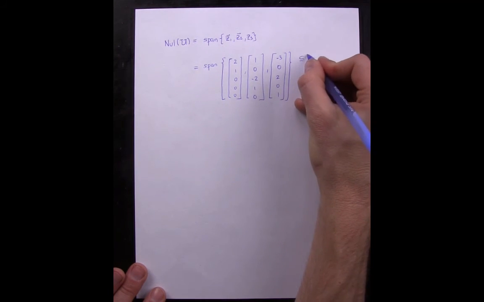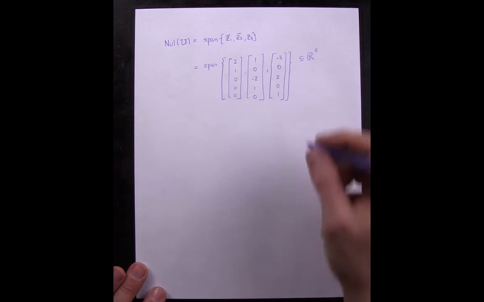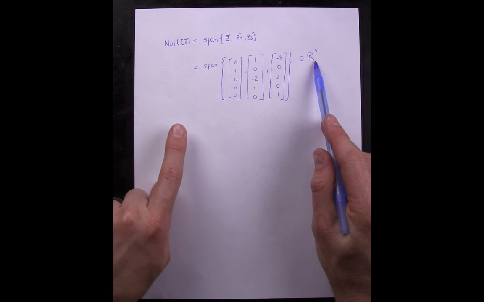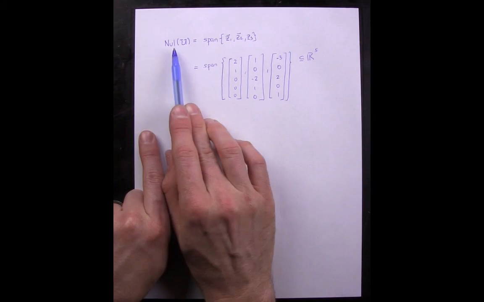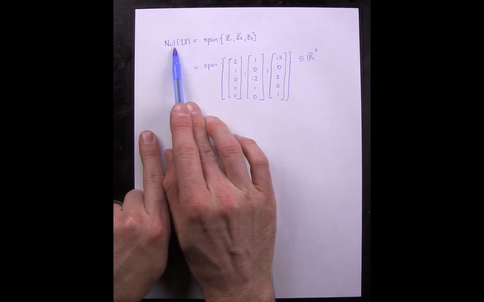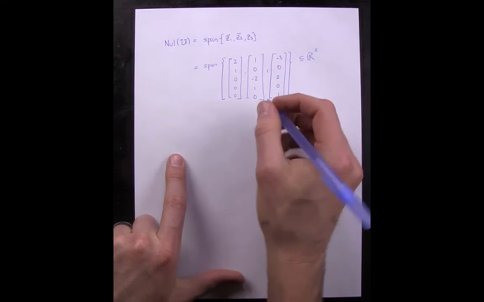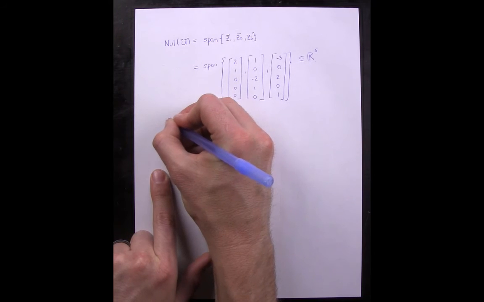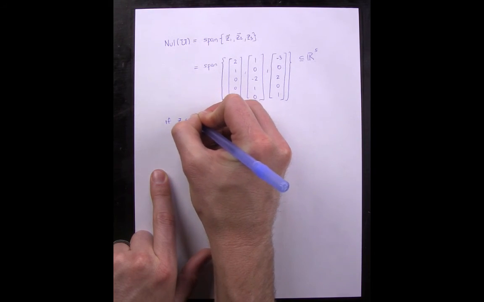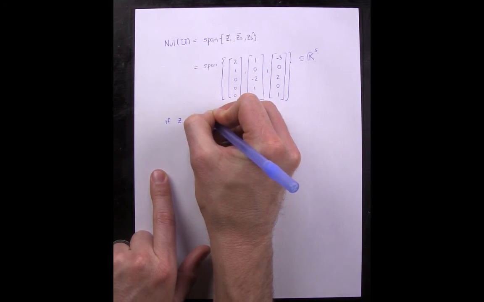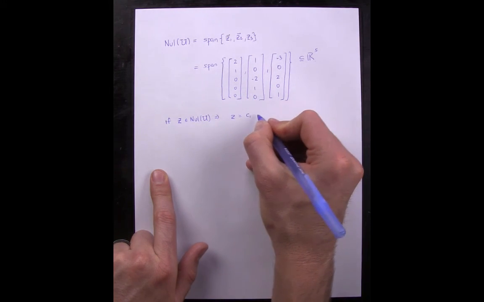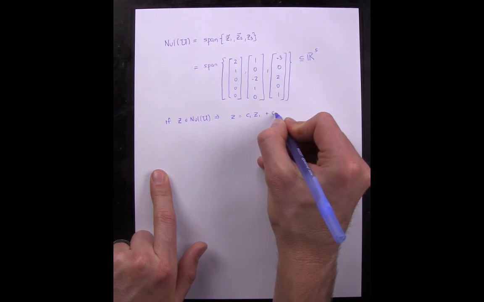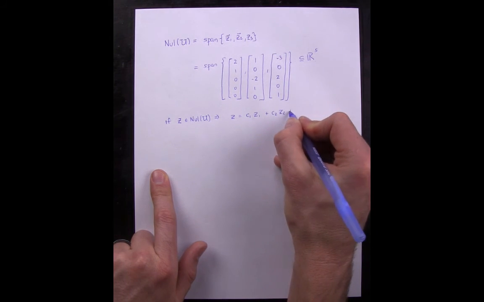Notice that this is a subset of R5, which was our domain space. This means any vector in the null space can be written as a linear combination. So if Z is an element of the null space of U, that implies Z is equal to a linear combination of these three vectors.